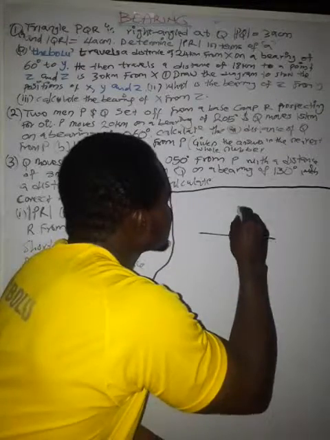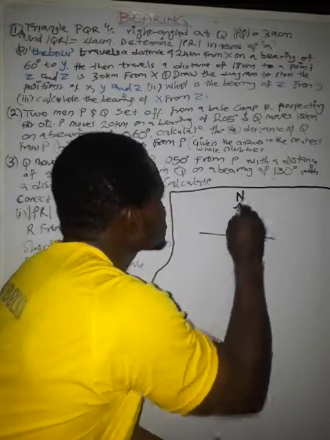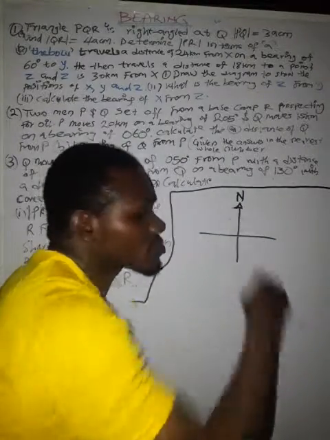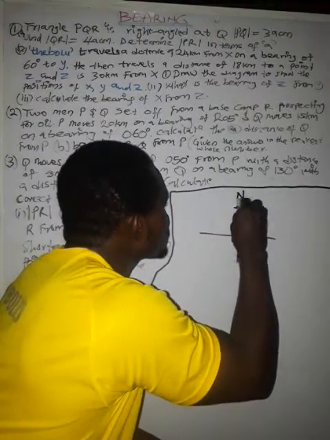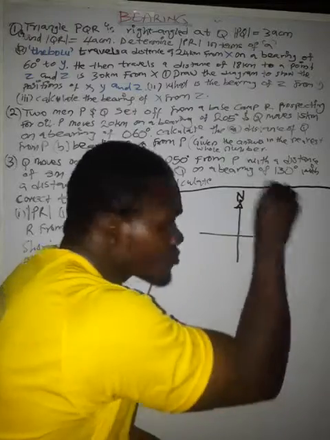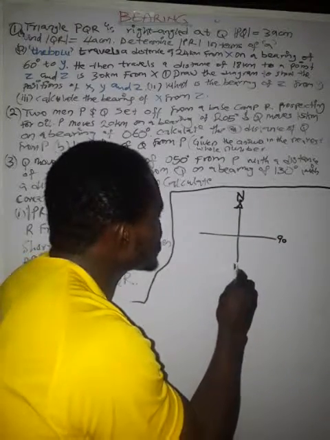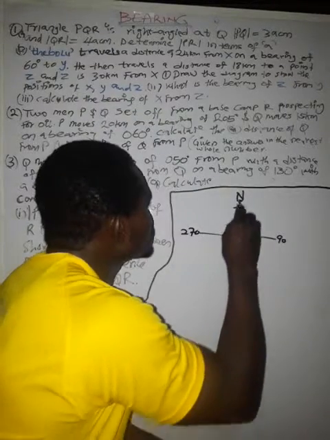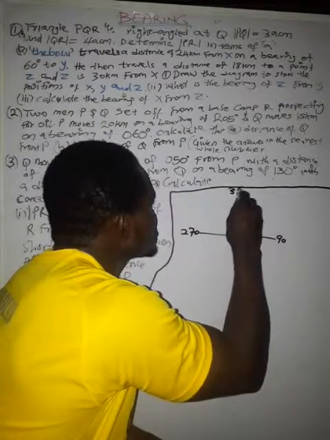Here is north. You indicate this place. All the angles start from north. So it is from 0, this is 90, moving clockwise, this is 180, this is 270, and at any point you draw it, then 360.